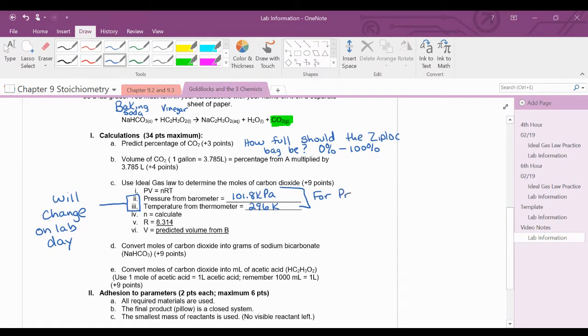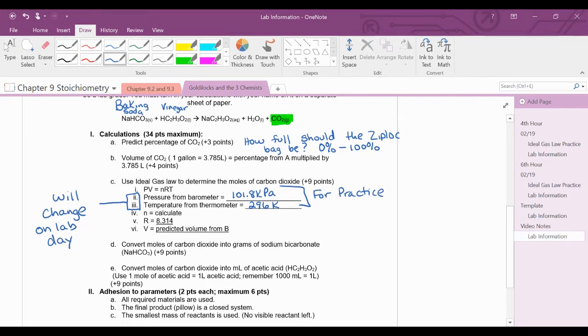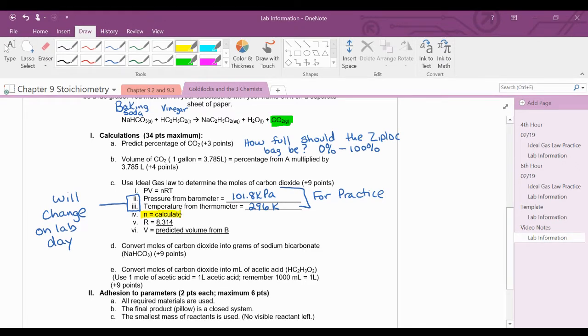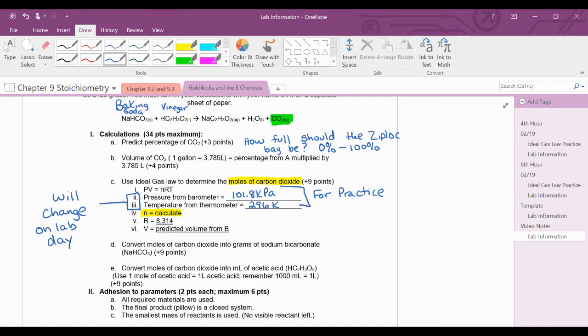You will want to run through these calculations because on lab day, I will not help with calculations. You're trying to find n, which is the moles of carbon dioxide. We know what R is, and your volume is predicted from B. Once you calculate n in C, you're going to use your moles of carbon dioxide and convert to grams of sodium bicarbonate.